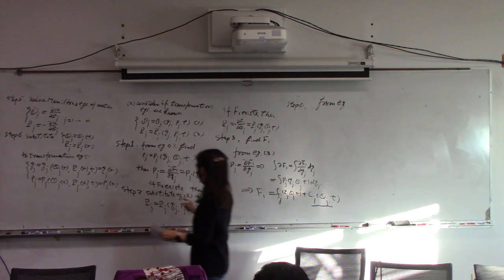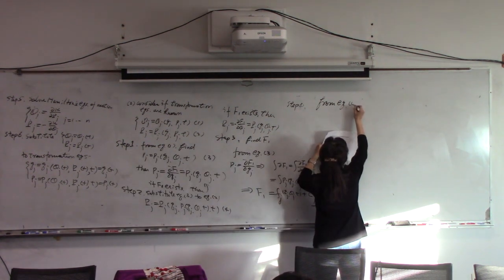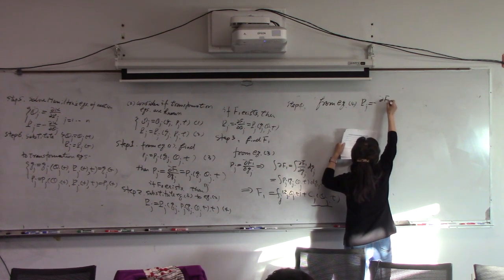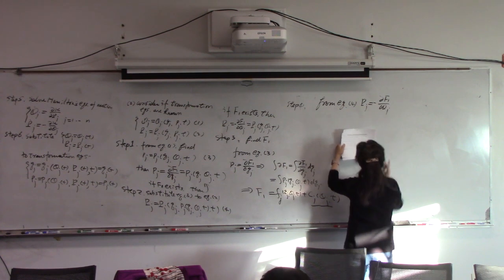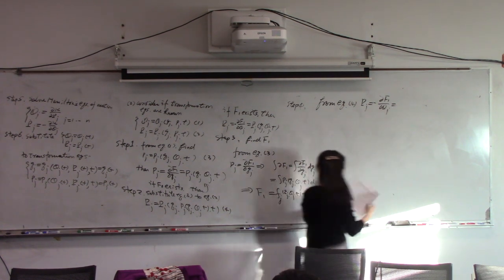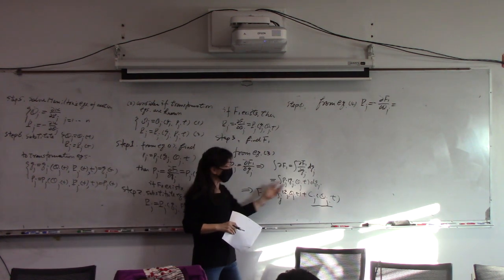Equation 4: capital Pj is negative partial f1 partial capital Qj, right? Since we already have f1, even though we do not list it, we know part of f1.